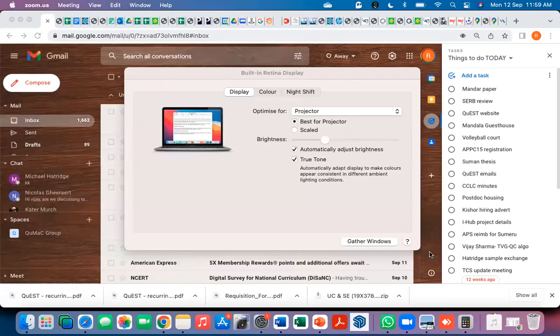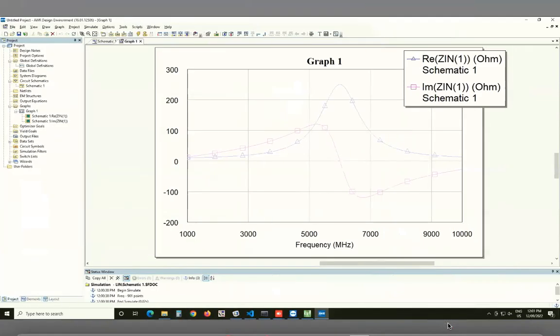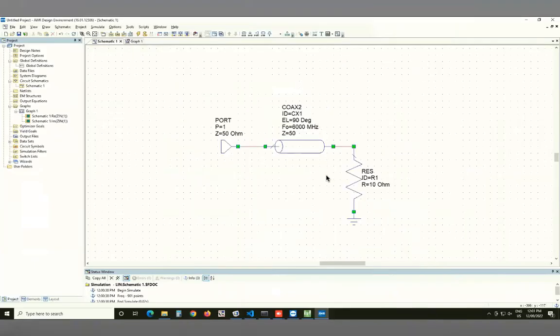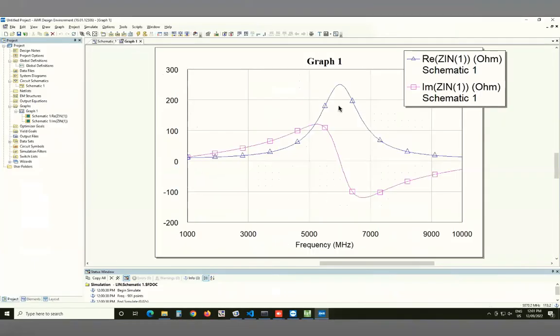You didn't miss much. I was just drawing it. Now you should be able to see. What I have done is drawn a lambda by 4 section, 50 ohm, 6 gigahertz, 90 degrees, 10 ohm load resistor, and we're looking at Z in as a function of frequency.